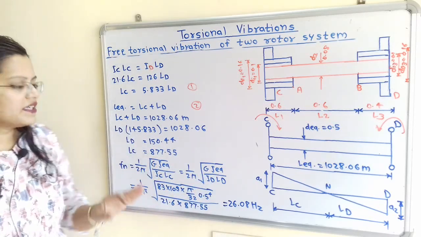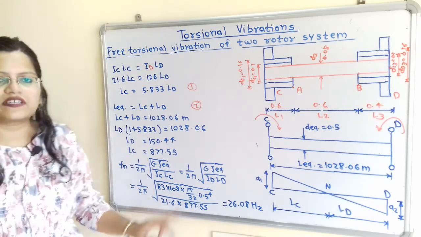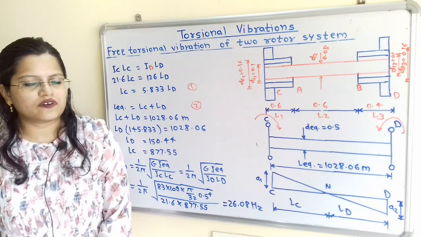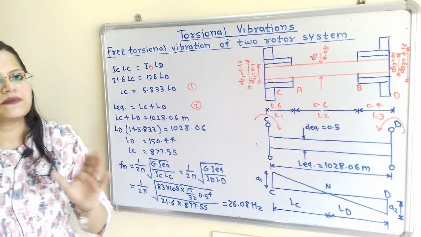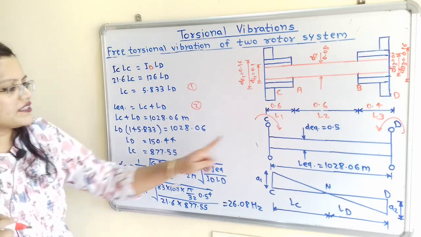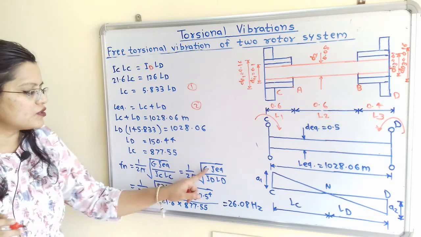Now what is this G? Modulus of rigidity, and its value is 83 into 10 raised to 9 Newton per meter square, and it is applicable for this shaft material, and it is mentioned in the question. So for this end C as well as end D, the shaft material is the same, so this value is also the same.